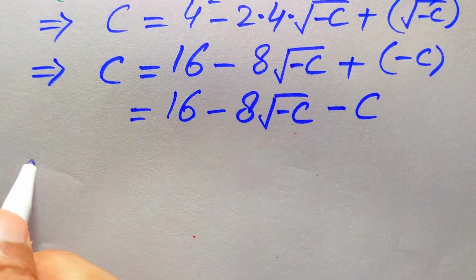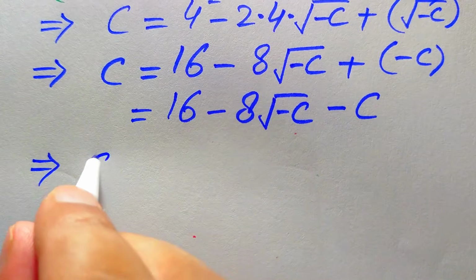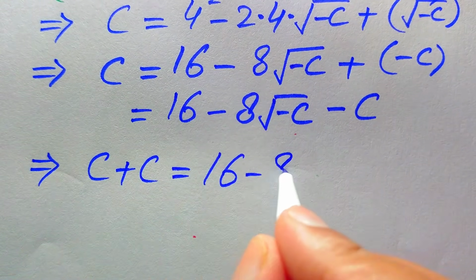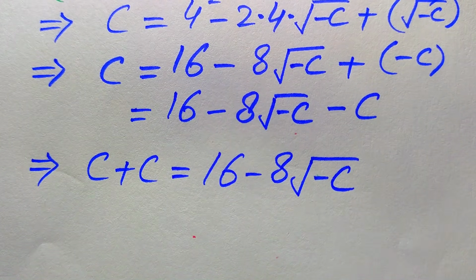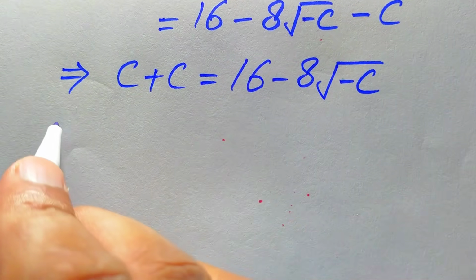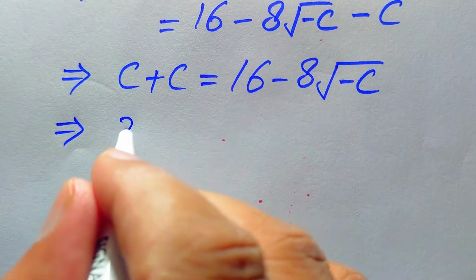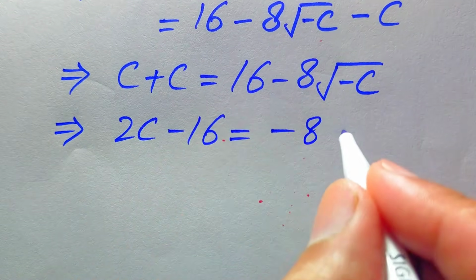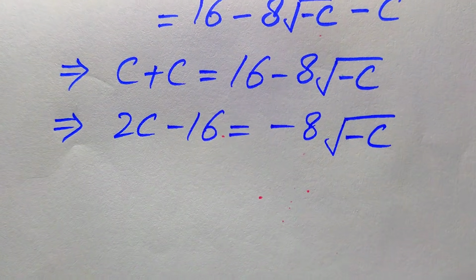And now in the next step we move minus c from the right hand side to the left hand side, and we get c plus c is equal to 16 minus 8 times square root of minus c. Further we move the term 16 to the left hand side, and we get c plus c becomes 2c minus 16 is equal to minus 8 times square root of minus c.